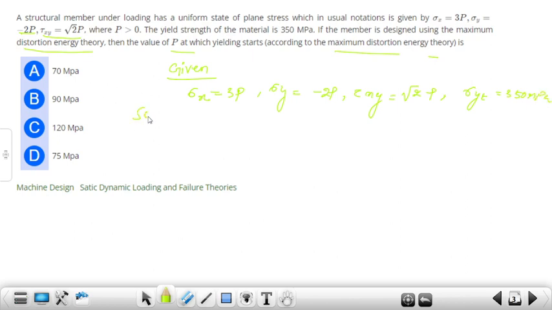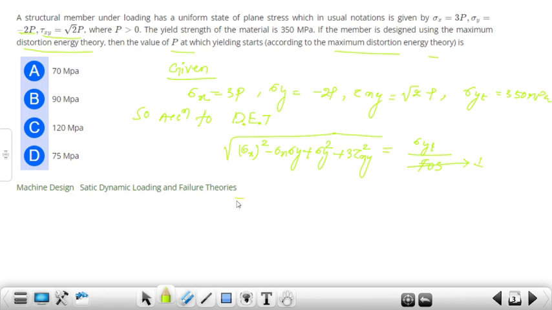So according to distortion energy theory, root over of sigma x square minus sigma x sigma y plus sigma y square plus 3 tau xy square is equal to sigma yt divided by factor of safety. As factor of safety is not given, let us take it as 1.